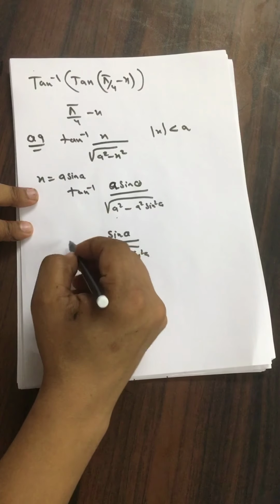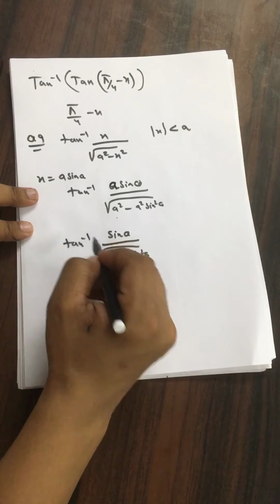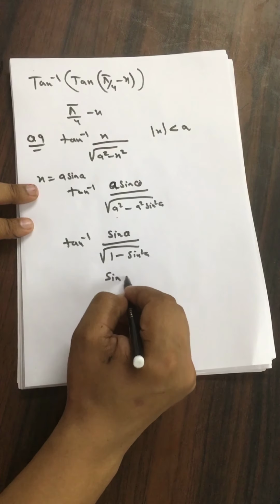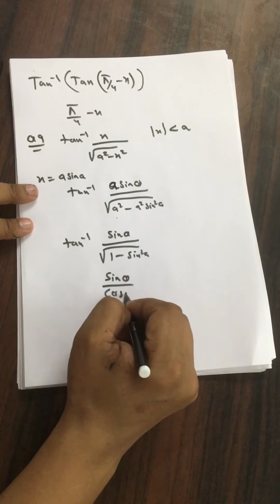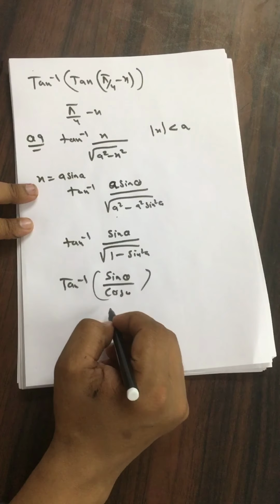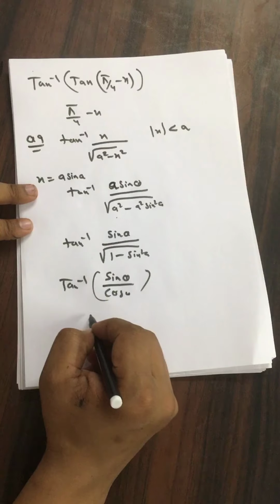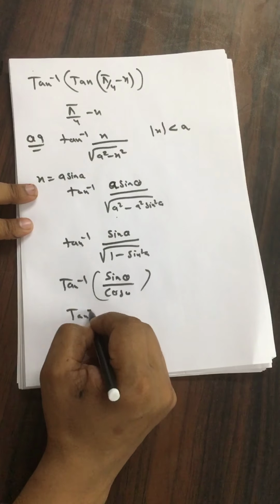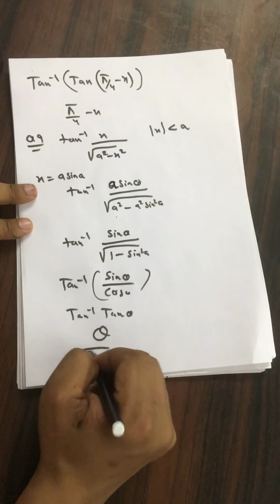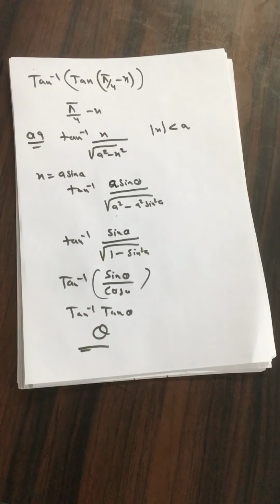So this will become cos square theta, and root of it will become cos theta. So sine by cos is tan. So this becomes only theta. Tan inverse tan theta is only theta.